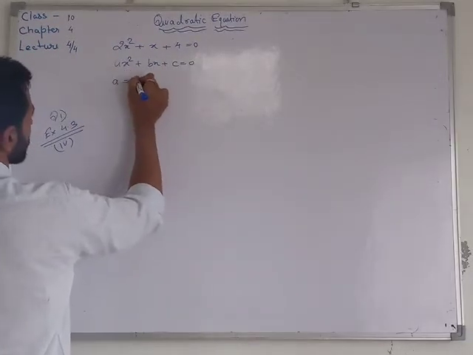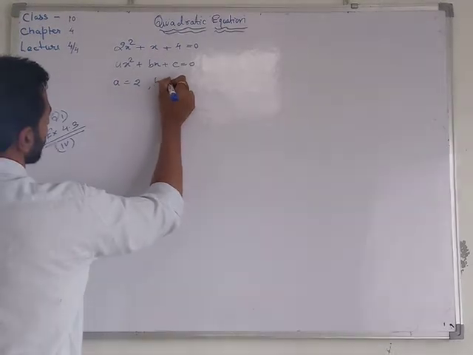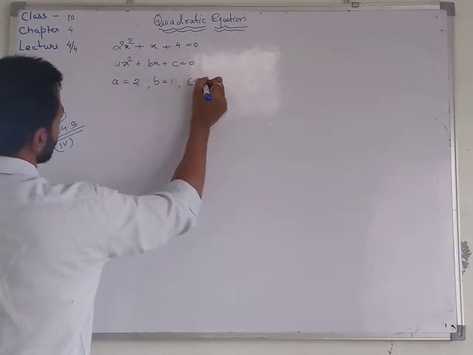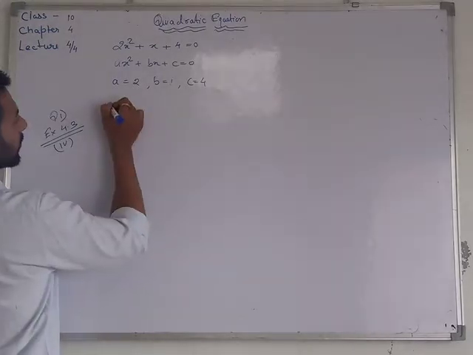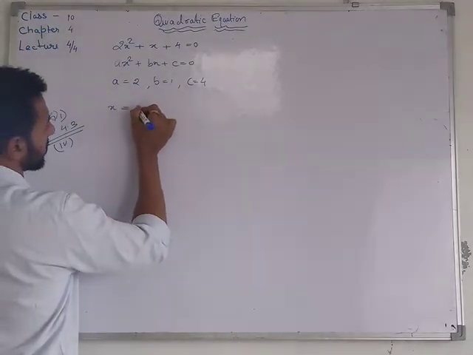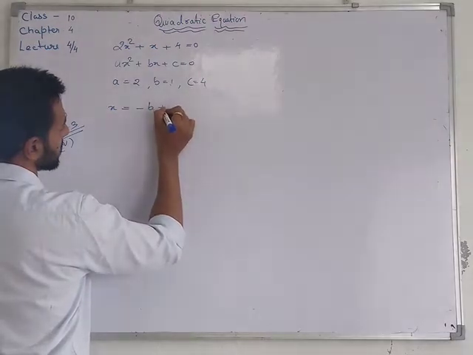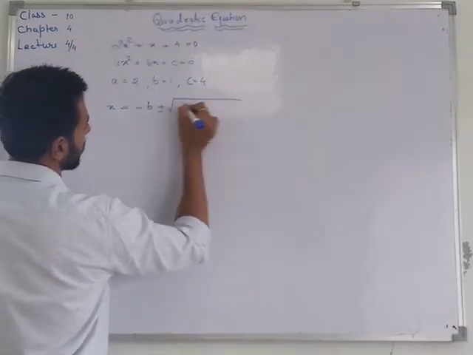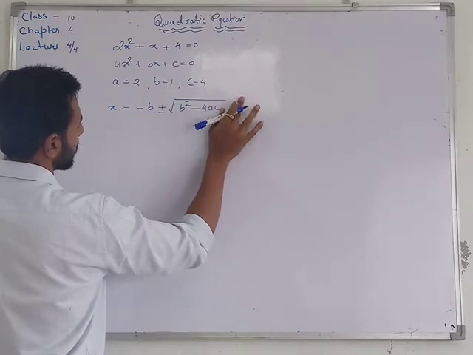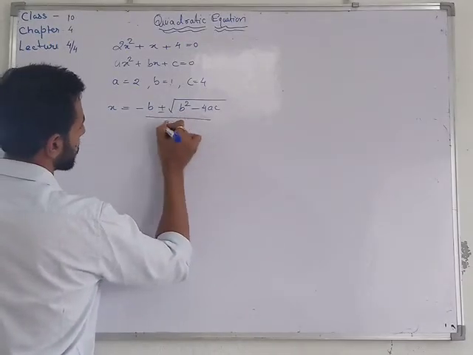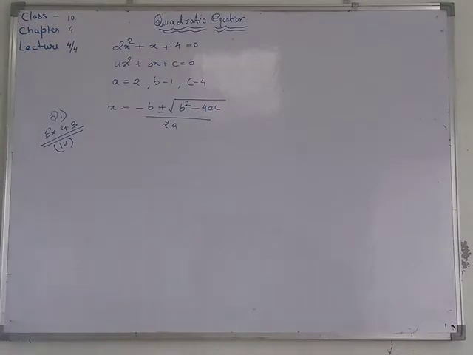Comparing it, a is equal to 2, b is equal to 1 and c is equal to 4. Now, the formula is minus b plus minus under root of b square minus 4ac upon twice of a.